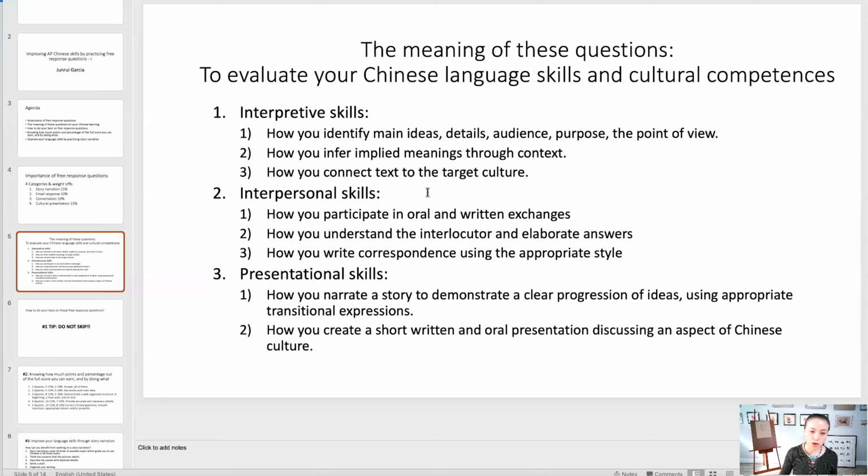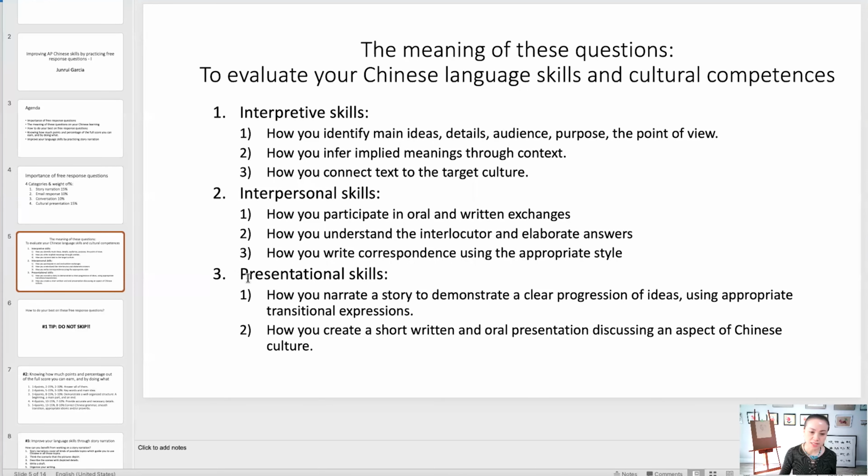Interpersonal skills, they want to evaluate how you participate in oral and written exchanges, how you understand the interlocutor and elaborate answers, and how you write correspondence using the appropriate styles.